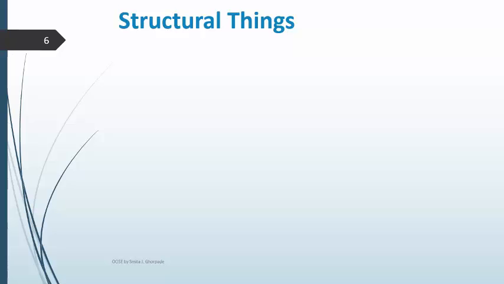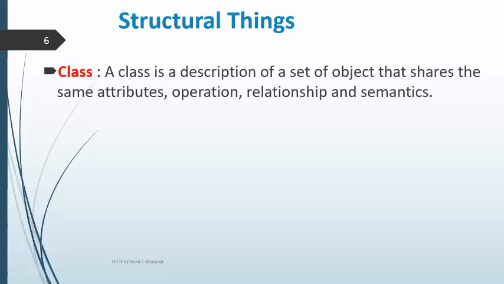Now, first structural thing, class. As we all know, a class is a blueprint of object. A class is a description of a set of objects that share the same attributes, operations, relationships, and semantics.